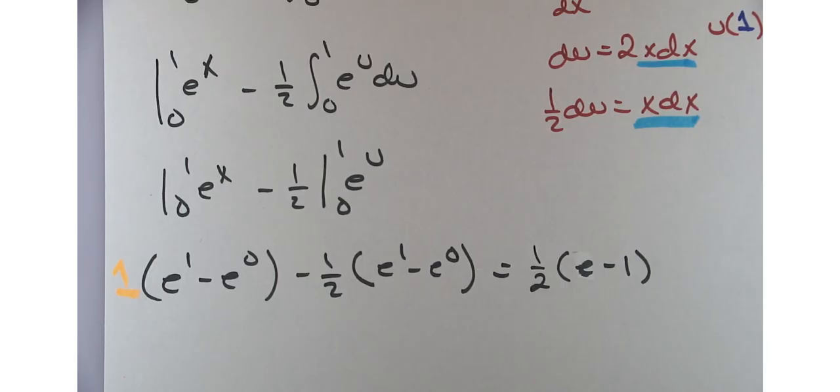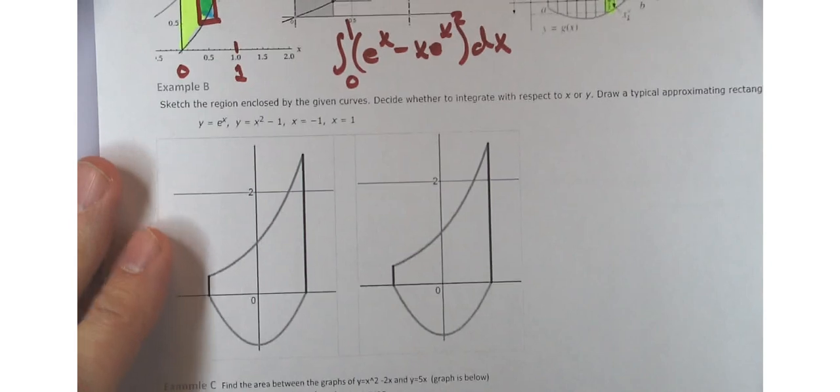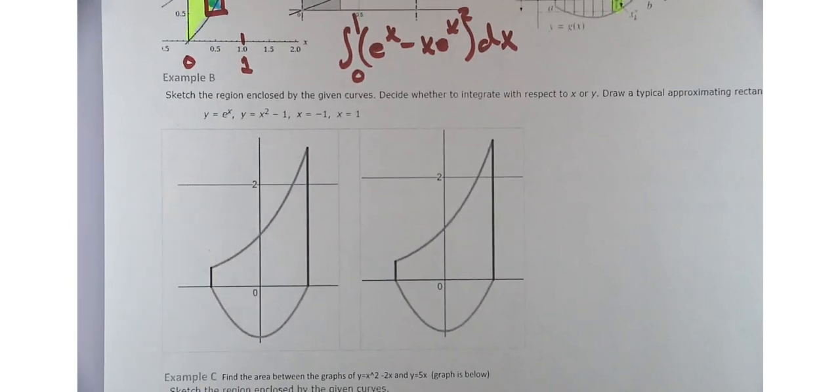All right. Let's take a look at example B here. Now, example B, I'm going to start something that I'm going to continue in the next section as well, and that is I'm going to approach this by taking a slice through this and calculating the area of one slice. So let's take a look here.